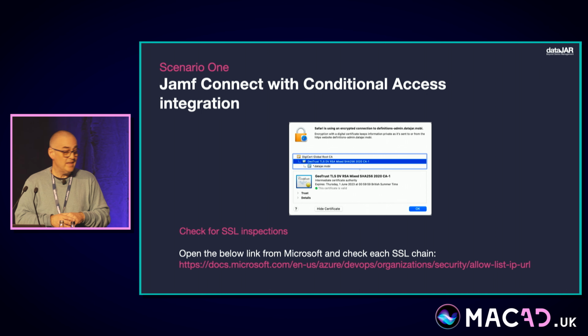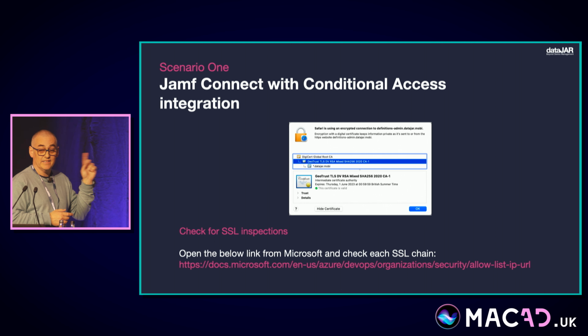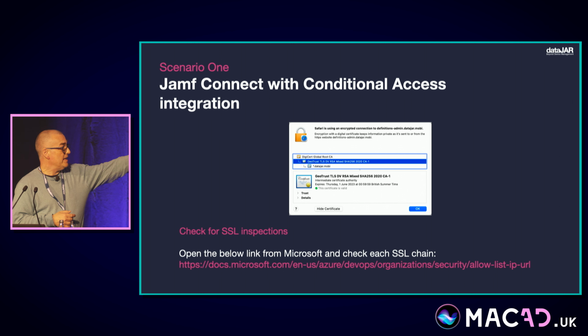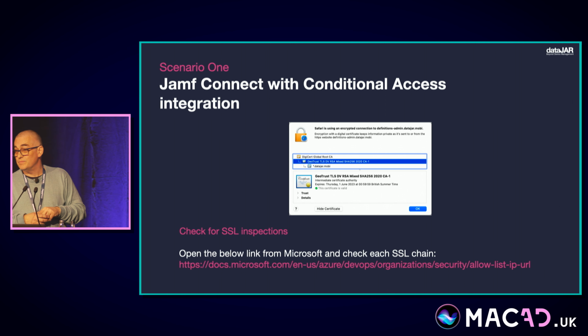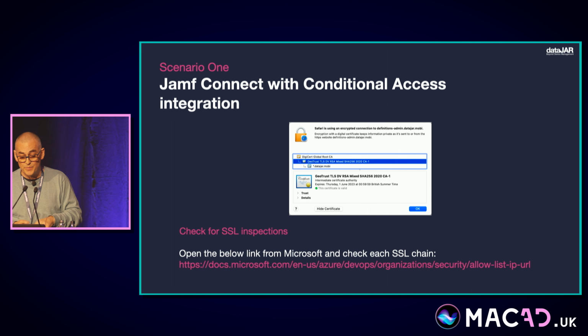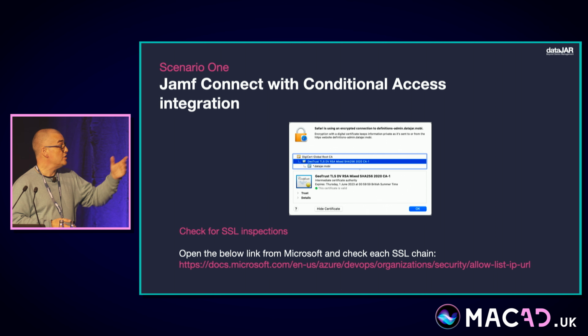It's actually easier than you think to check this. All I used to do is we set up a macro to do this. The bottom link there is all of the URLs which Microsoft need to be open and not inspected. And all we did was open them up in Safari, or whatever your preferred browser is, and then just look at the chain.